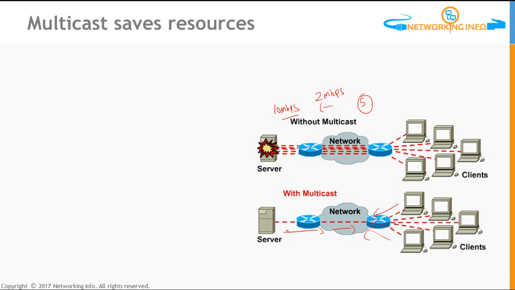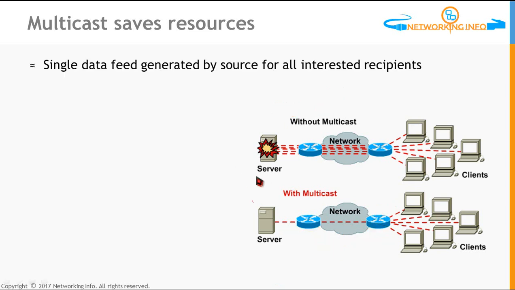In a server environment, you can send a single stream that will be distributed among all these recipients. So using a single stream of 2 Mbps, you can feed multiple users. That's the beauty of multicast. A single data feed is generated by the source for all interested recipients. Whoever is interested or not interested, the stream will constantly go.